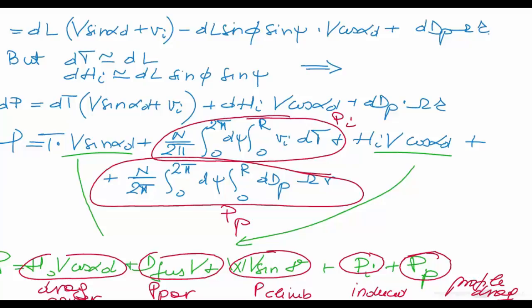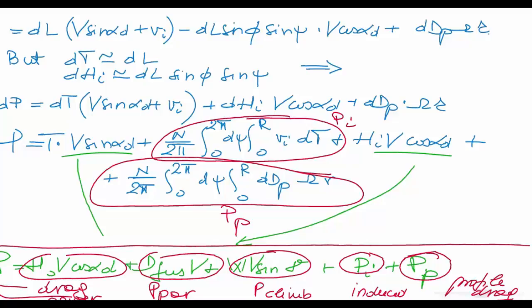So we now have the summation of all the powers that the helicopter has in forward flight, and we will use this formula in the future to derive each of the powers acting on the rotor. This ends my derivation on the power required for forward flight in blade element theory.